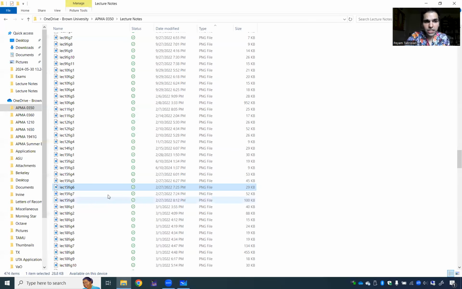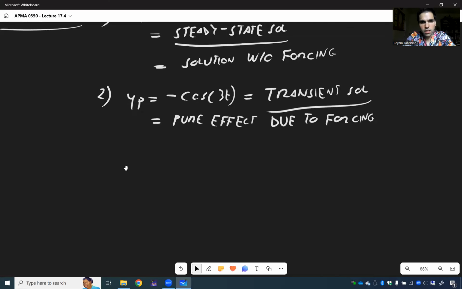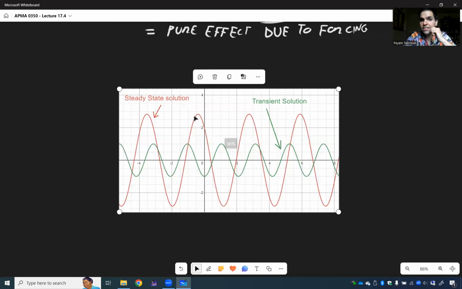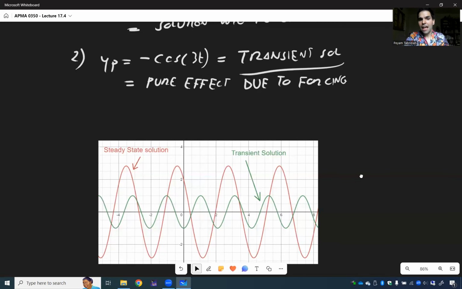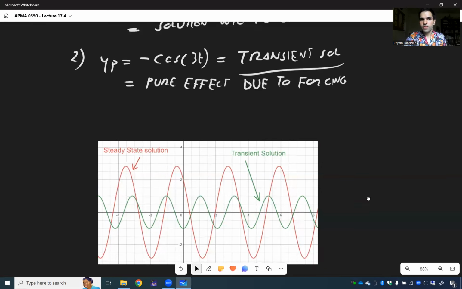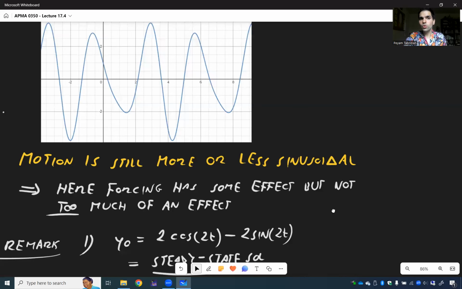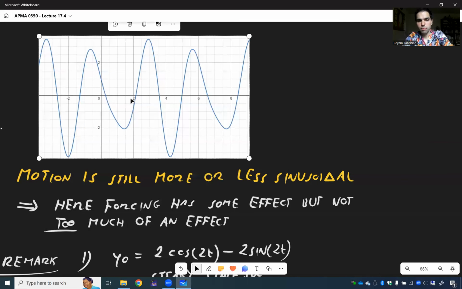Let me show you a picture of what this looks like. In this case, the steady state solution was this big sine wave. The transient solution was this small sine wave. And what is our solution itself? It's just the sum of the two. If you add those two sine waves, you get this.